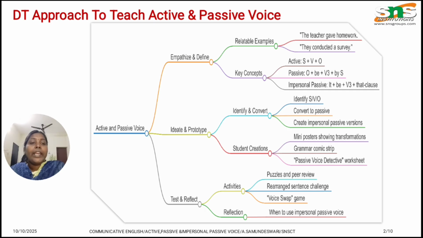In the ideate and prototype part, a person can break the sentence into SVO structure, because for writing an answer in active or passive, this is very basic. And then create impersonal passive versions without the subject, and how to make them. In the test and clarity part, students can explore more exercises, and they can also identify the voice.